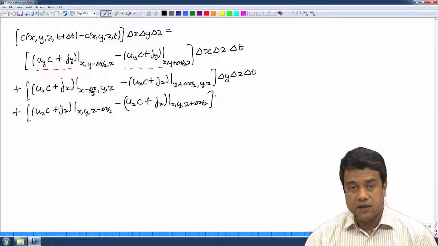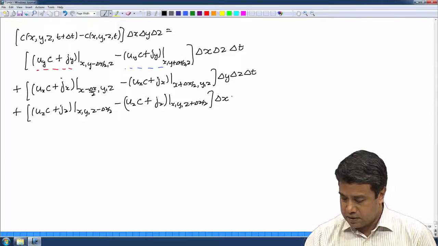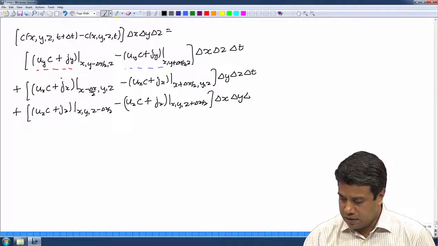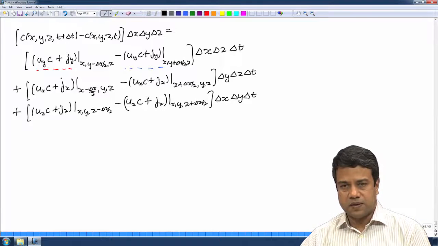In this case the surface area is going to be delta x, delta y, delta t. The bottom and top faces are along the xy plane, so the surface area is delta x times delta y.